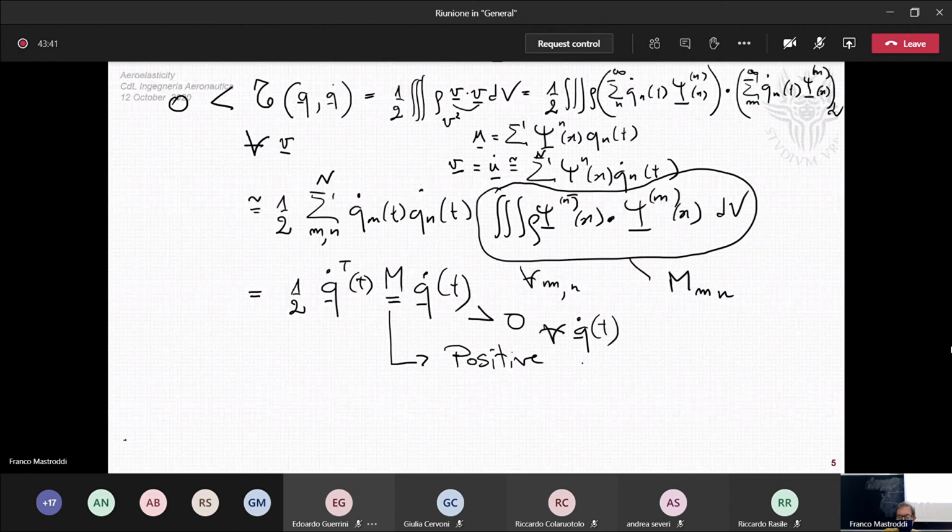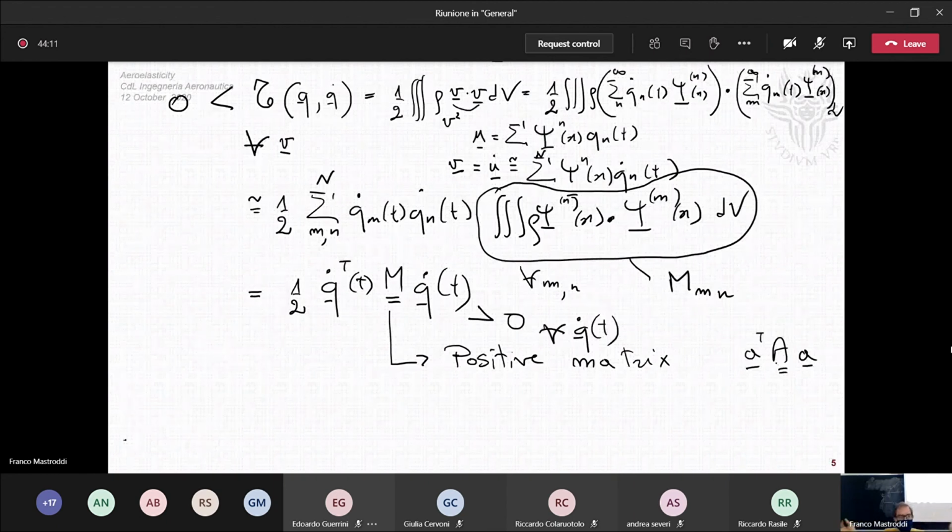The definition of positive matrix, indeed, is the following. A matrix is positive if and only if you take the matrix supposed to be positive and pre-multiply it by a vector and post-multiply by the same vector, for any vector a, if the matrix is strictly positive, you should have a positive number. This is the definition.